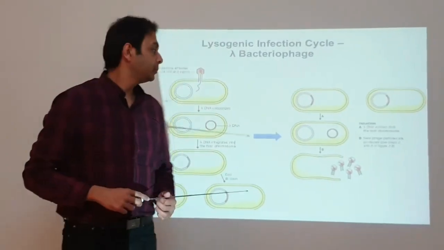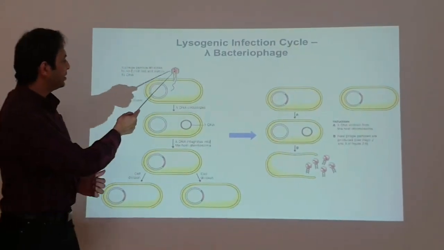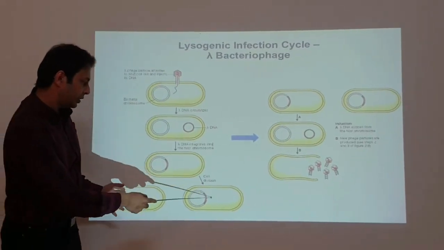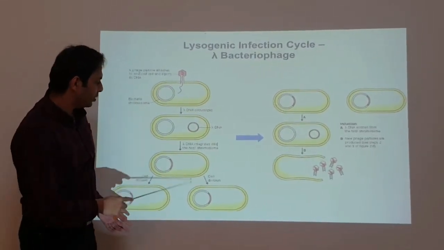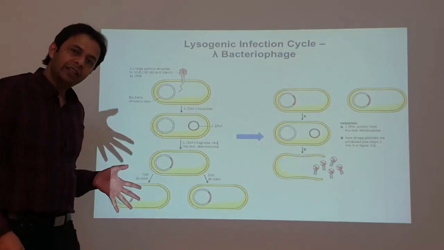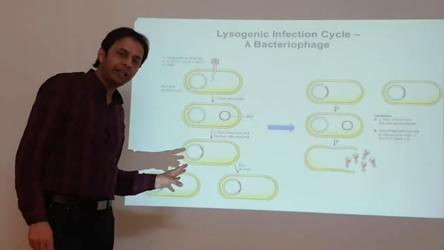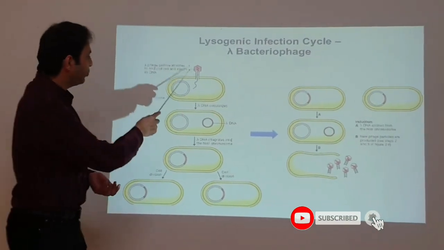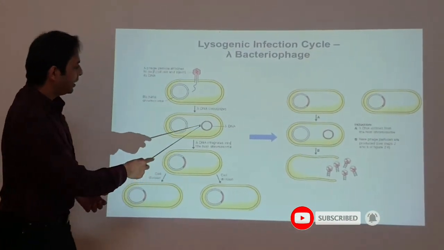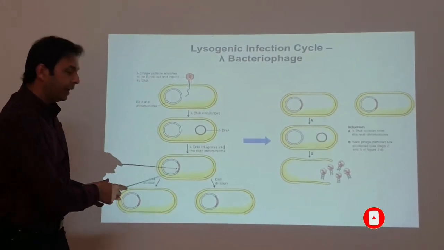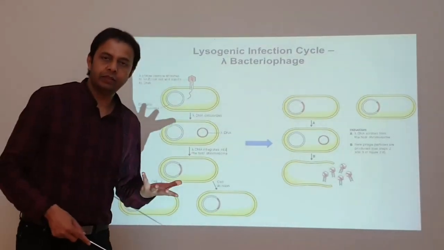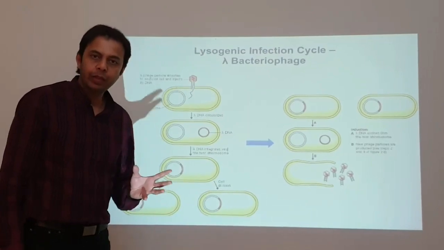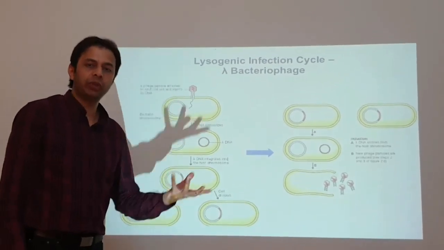Here you can see that the virus injects its DNA, but for many generations the viral genome becomes quiescent. It becomes very silent. How does it become silent? The viral genome inserts itself into the bacterial genome and just replicates. It doesn't transcribe or translate its proteins.